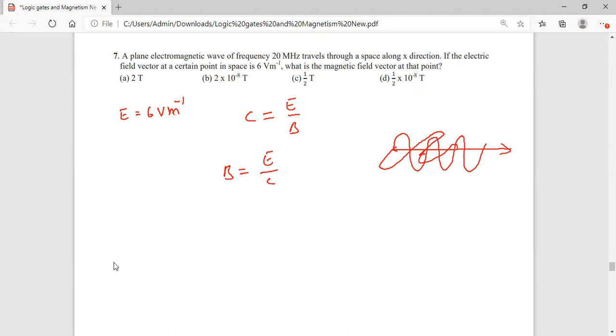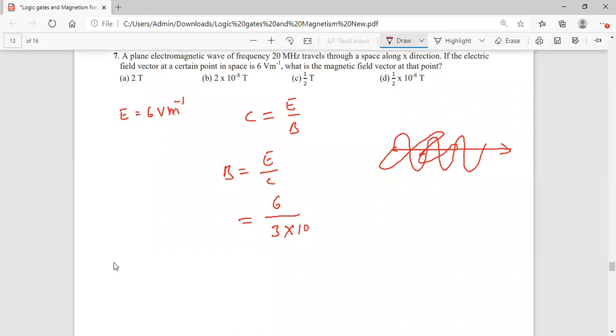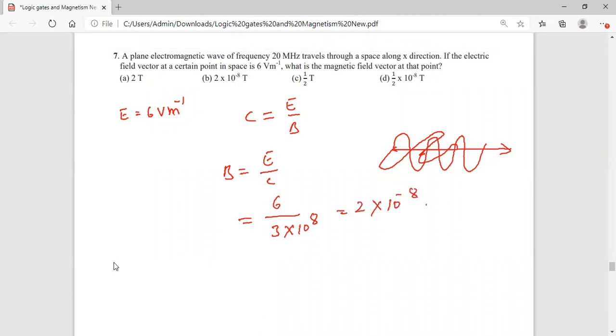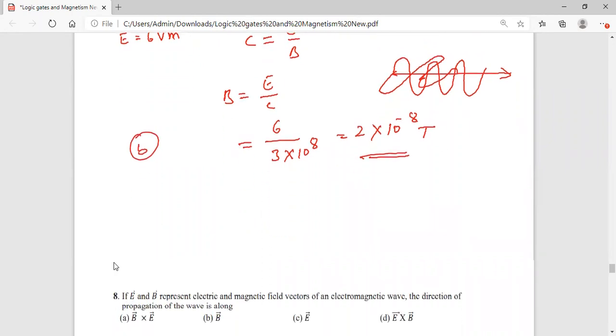That's why it obeys the velocity selector, hence C is equal to E by B, or B is equal to E by C, and here B is equal to 6 divided by 3 into 10 to the power of 8. Therefore, it's 2 into 10 to the power of minus 8 Tesla. Option B is the correct answer.